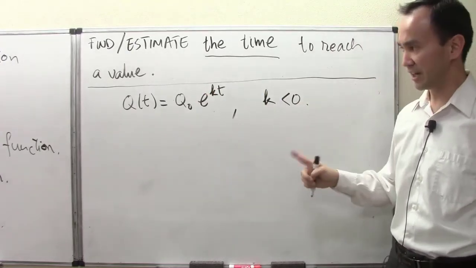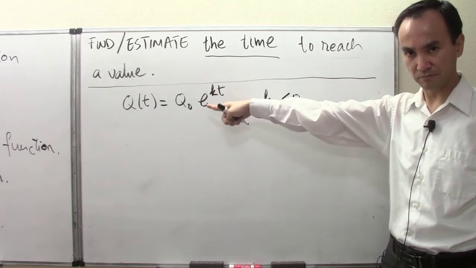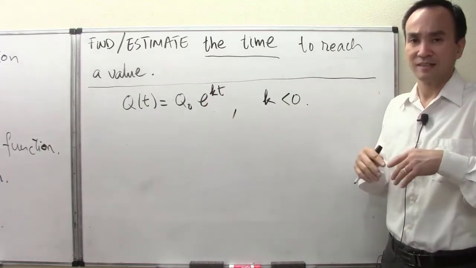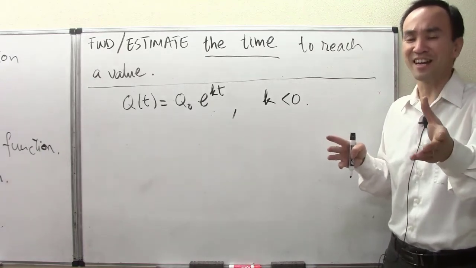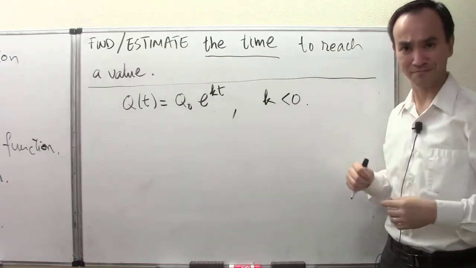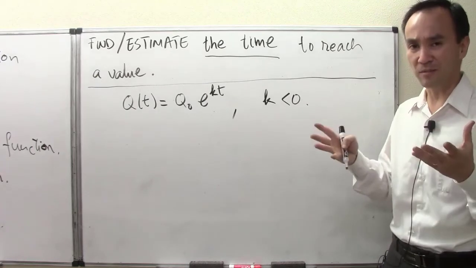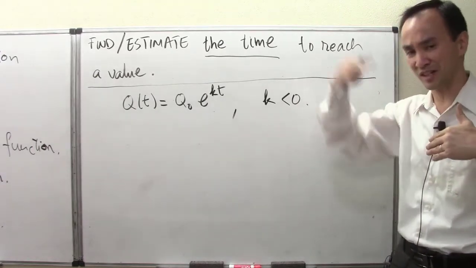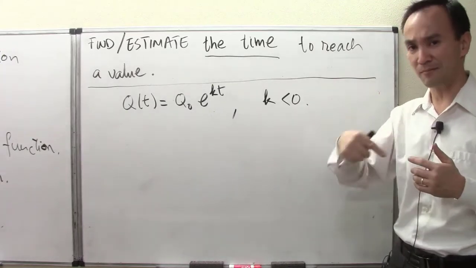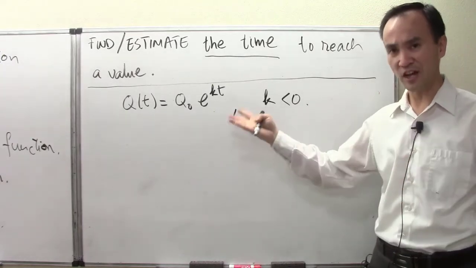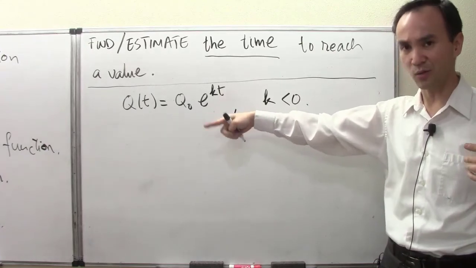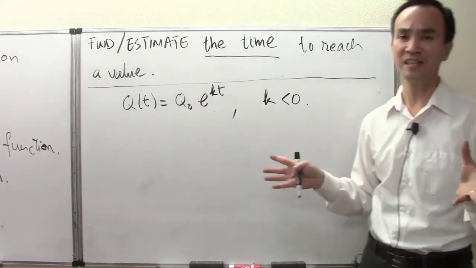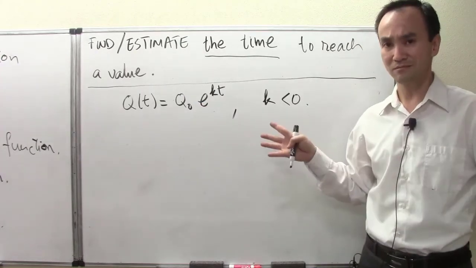Okay, so again, my plan is to stick with this continuous decay model, simply because of that understanding about base e being the winner. If it's financial math, base e is the one that brings the most income after interest, but for scientists out there, base e is the one that's most commonly used, and that's why base e is the winner, even though we have a lot more choices of base out there.